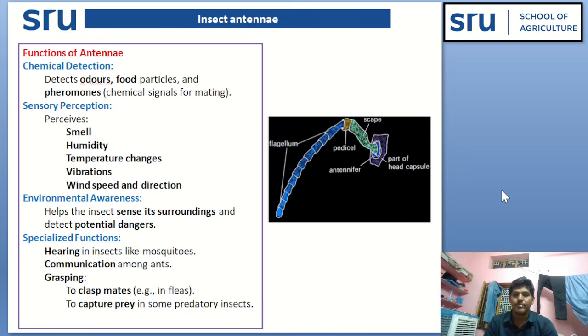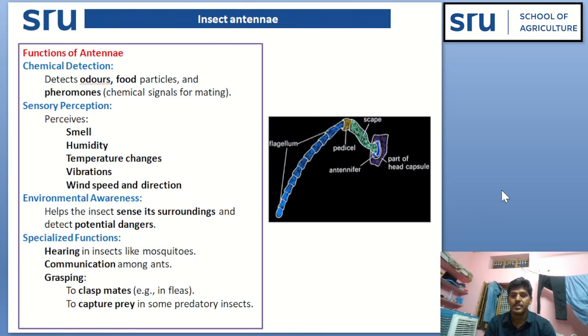Functions of the antenna: help in chemical detection, detect odor, food particles and pheromones. Also help in sensory perception, perceive smell, humidity, temperature change, variation in temperature, wind speed and direction.